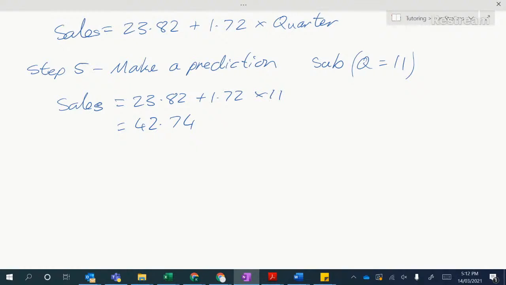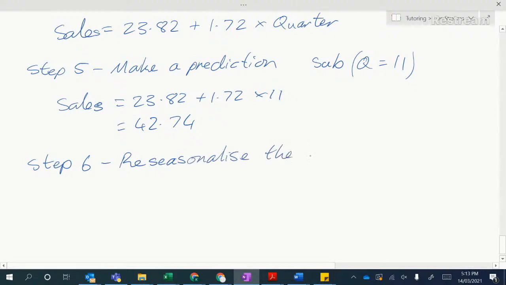Okay. Last step. We can re-seasonalize our sales. Our prediction, I mean. Remember we took out the seasonal variation when we made the prediction.